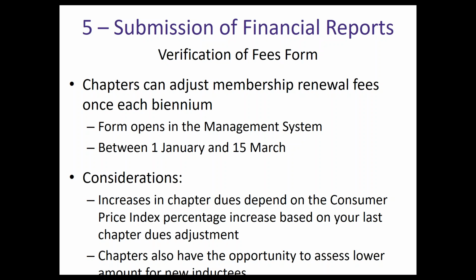You also have the opportunity to assess a lower amount for your new inductees. Some chapters, this opportunity started probably 5 years ago, and they might have set their new member dues amounts to $0. There are several chapters who have done so to help lessen the burden on their new members.